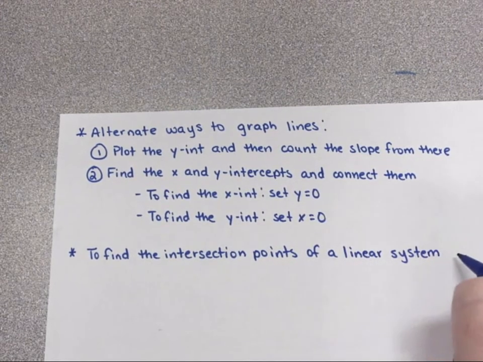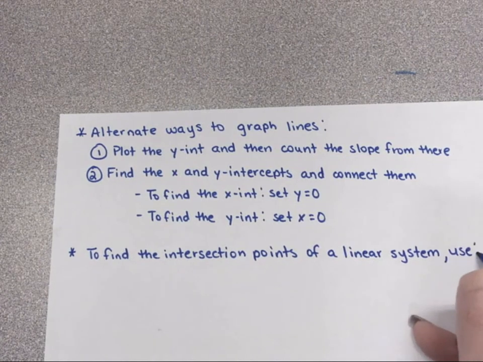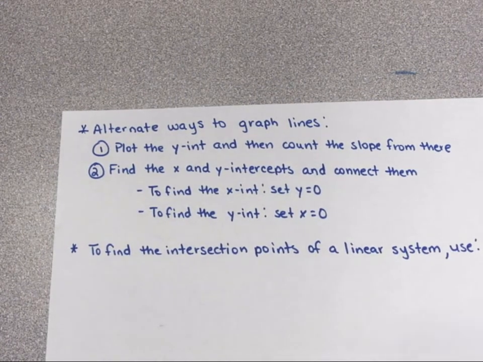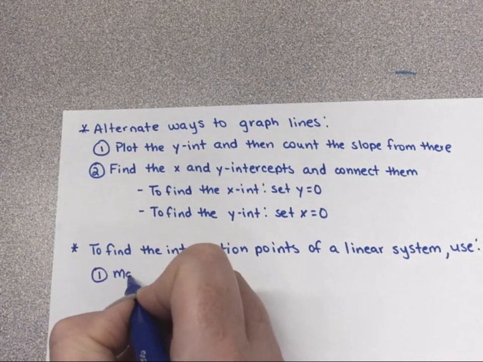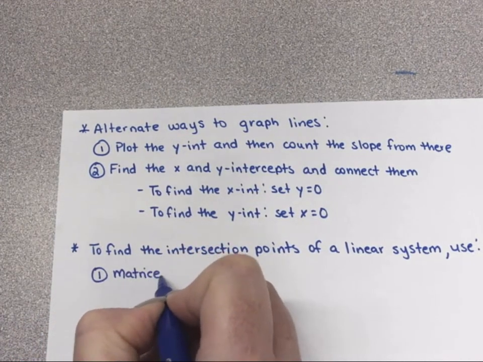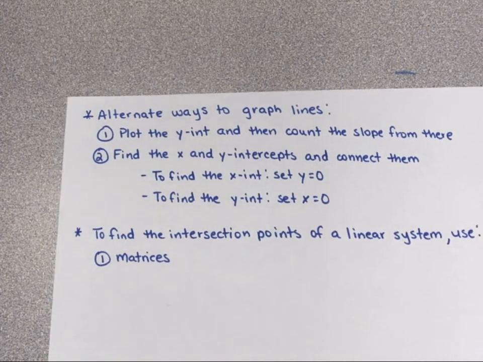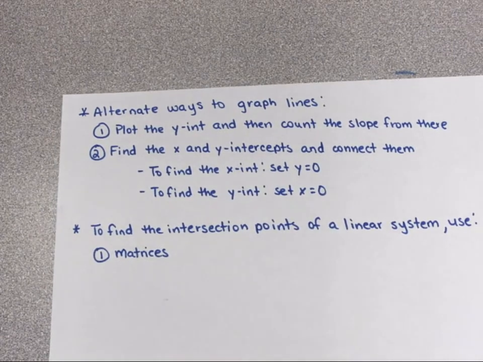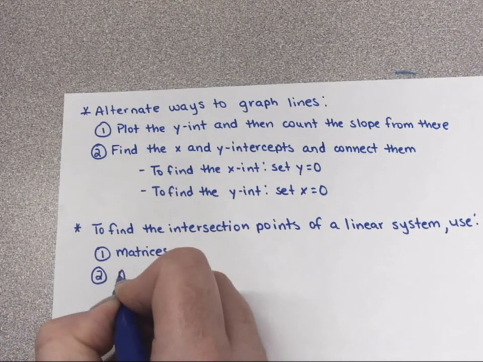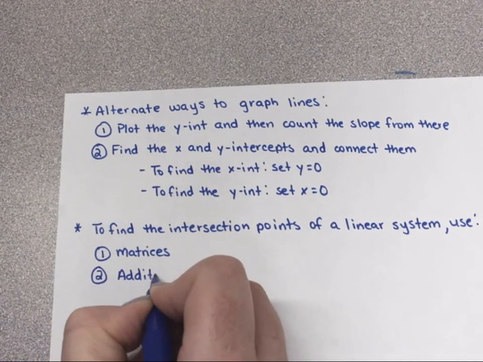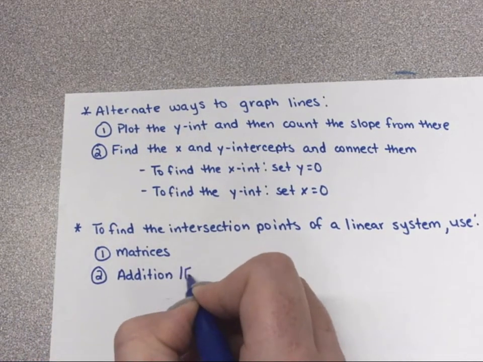It's just been a minute. Okay, so I'm going to remind you of the two methods that we really used. The first one was matrices. This was on test 1. Remember, matrices solve systems of linear equations. Okay, and then the second one that we talked about before we talked about matrices was the addition/elimination method.